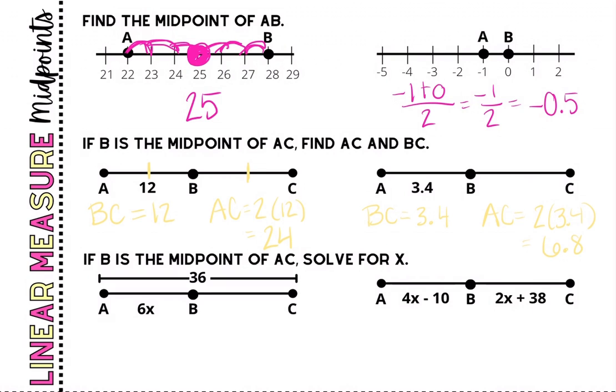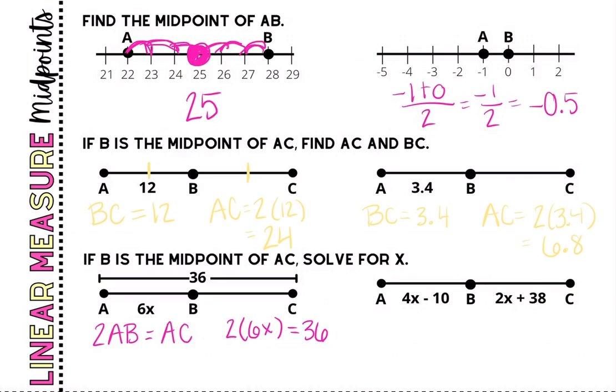Now, this next one. If B is the midpoint of AC, solve for x. This is where you have to pay attention, because if you just take the x and put it equal, you're going to set it up wrong. Remember, 2 of AB is equal to AC, so that's 2 times 6x equals 36.